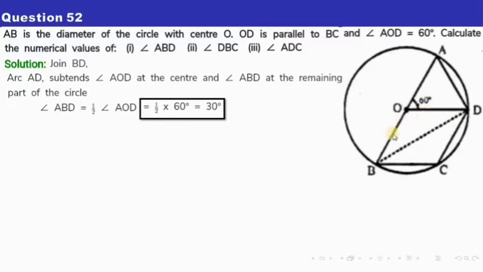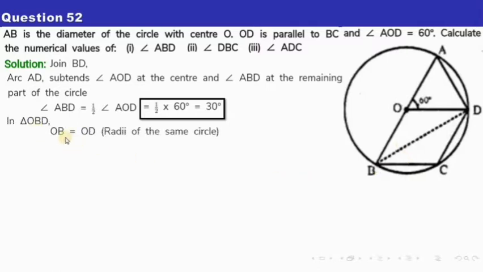If they are equal, then this angle and this angle both have to be equal to each other, right? Now we know that this and this both are parallel. So however much this angle is, this will also be the same because they are alternate angles, and we are asked to find DBC, that is this angle. So that's what is written out here.